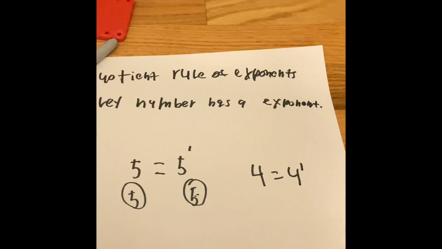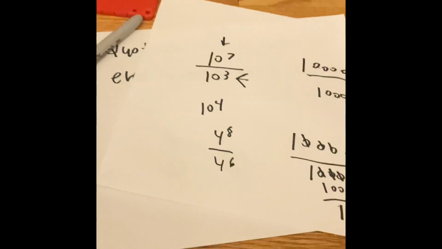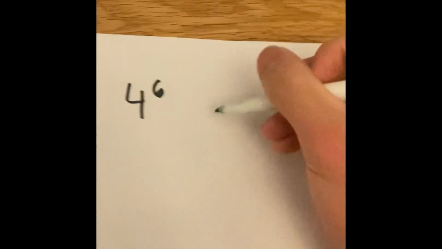Why do we learn exponents in the first place? Exponents are really helpful because in the 1500s, there was a banker who had to write the same numbers over and over again. But when he invented the exponent, like 4 to the 6th power, he realized that he doesn't have to write 4, 4, 4, 4, 4, 4.